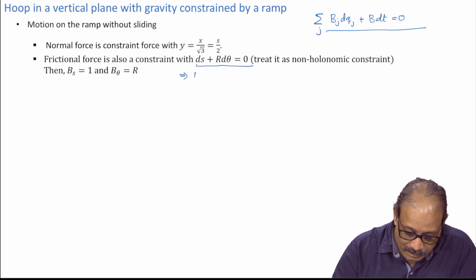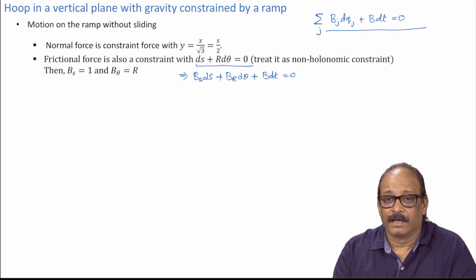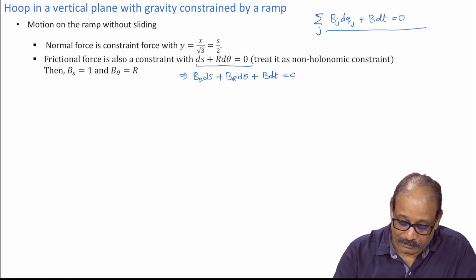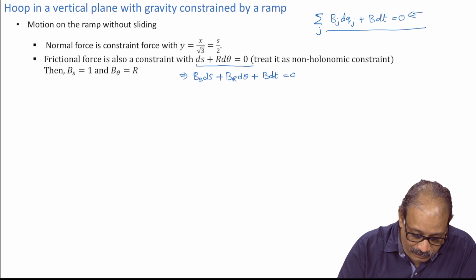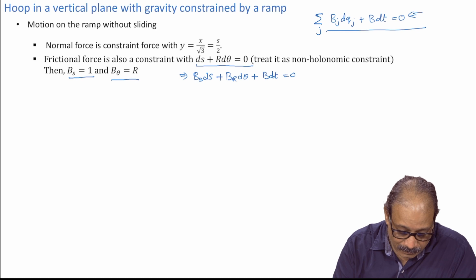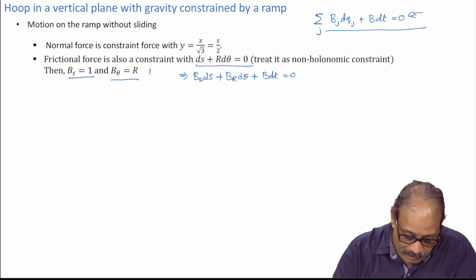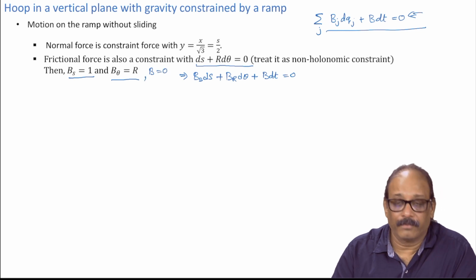We will write it as Bs ds plus B theta d theta plus B dt is equal to 0. Comparing that with the Pfaffian form here, you can immediately write down Bs must be equal to 1, B theta must be equal to r, and B must be equal to 0.